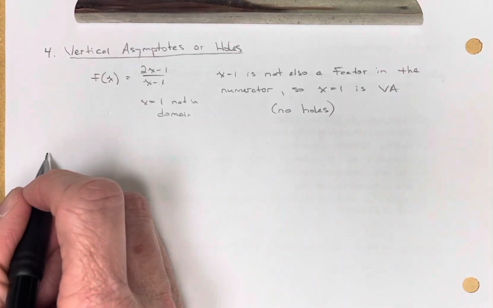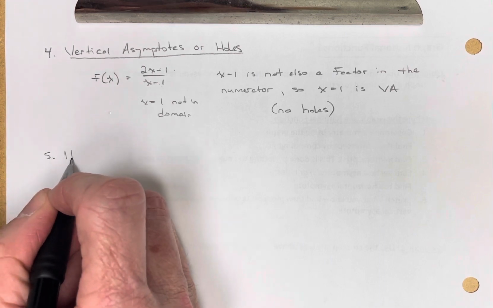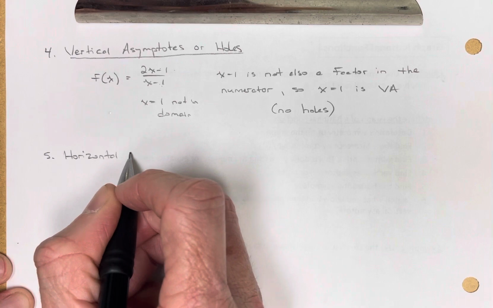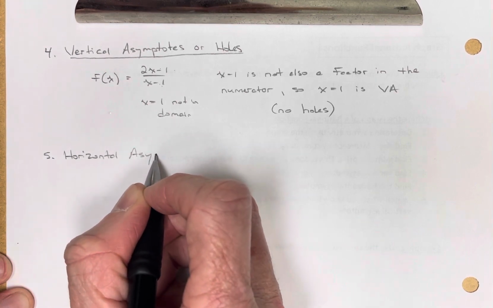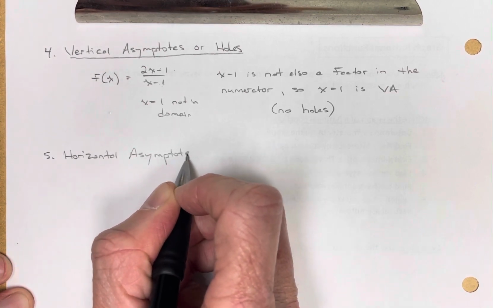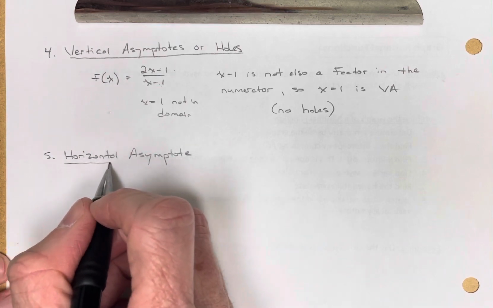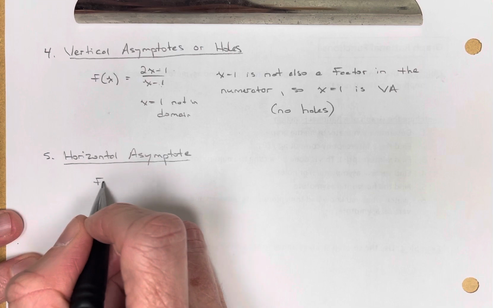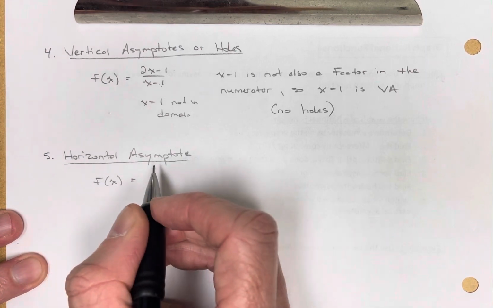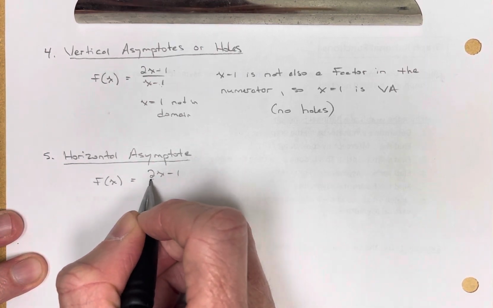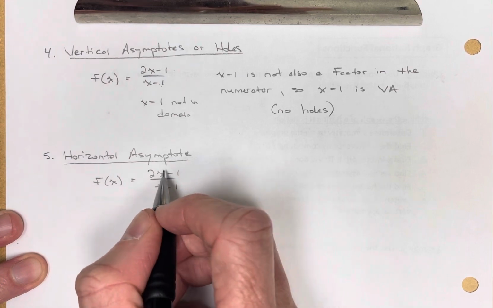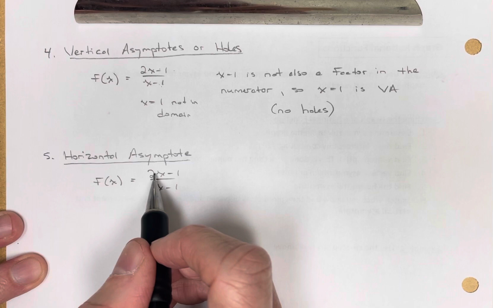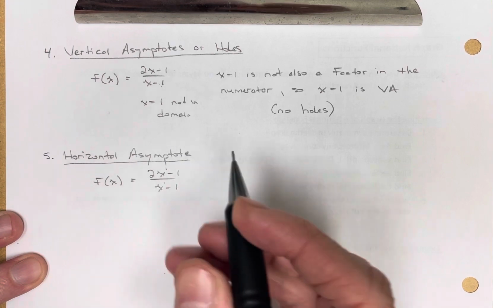Step 5, how about horizontal asymptotes? Because we can only have one, max of 1. Let's again look at our function, f of x equals 2x minus 1 over x minus 1. Are my degrees equal? They are. My degrees are 1 and 1.